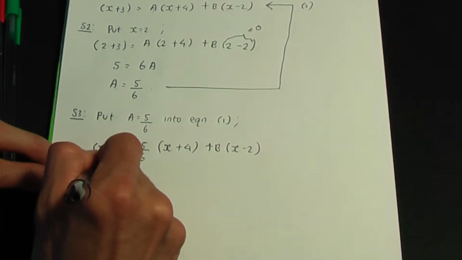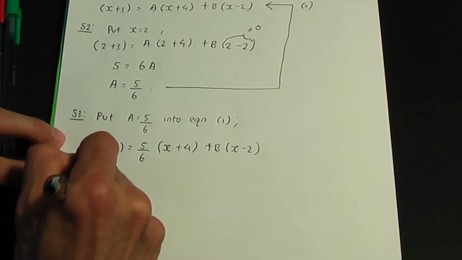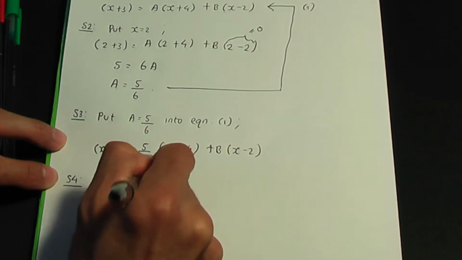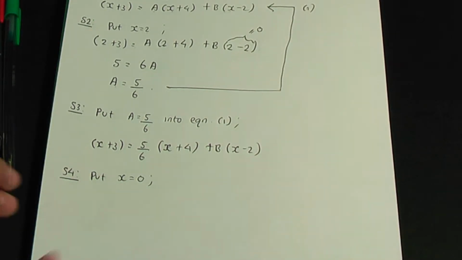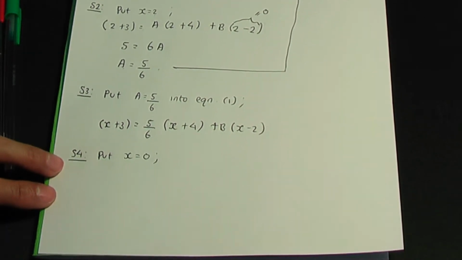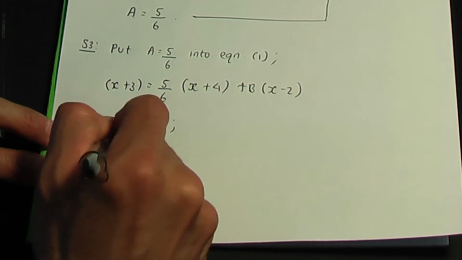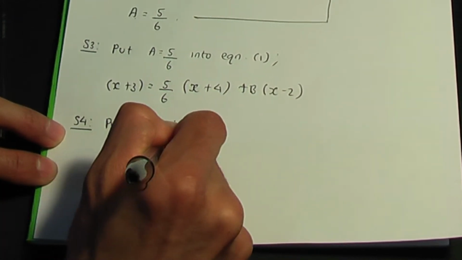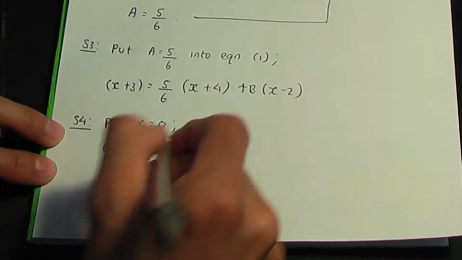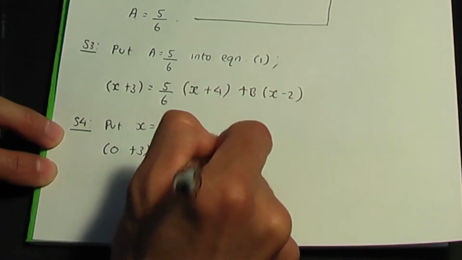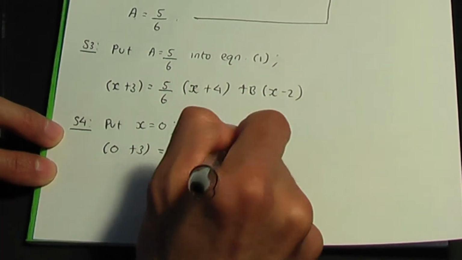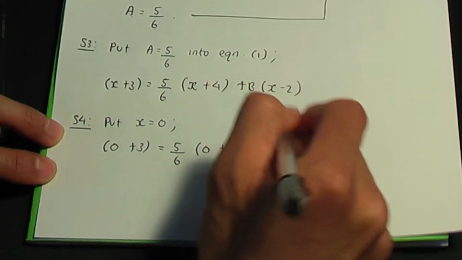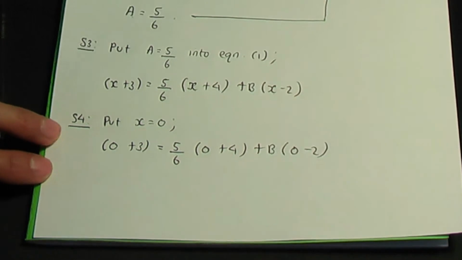So in this case, in step number 4, if I put x equals 0, say, I can work out the b term. So I'm going to have x, which is 0, plus 3, that is equal to 5 over 6 into x, which is 0, plus 4, plus b into x, which is 0, minus 2.